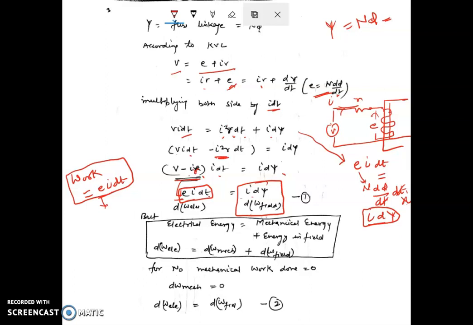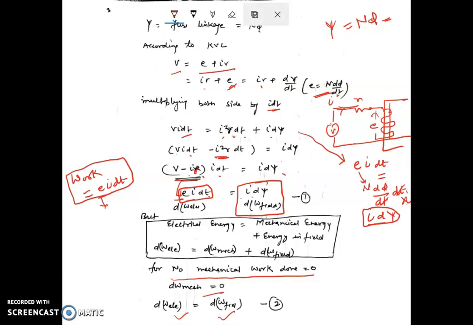Electrical energy is equal to mechanical energy plus energy in the field. So dw electrical, for no mechanical work done, that is if the mechanical work done is 0, we get dw electrical equal to dw field.